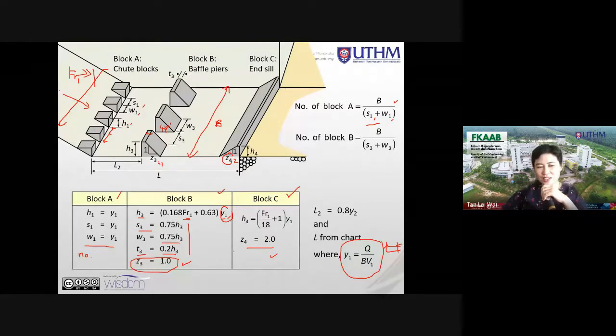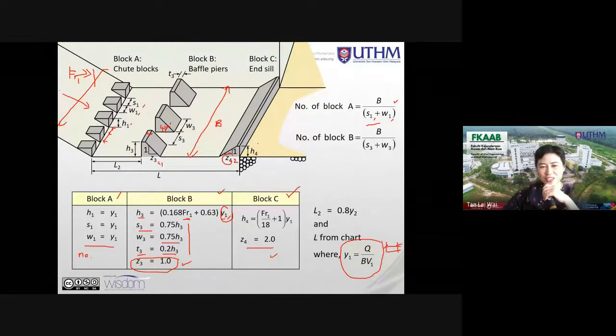You need to write Z3 should be equal to 1, because if you are giving your design report to the contractor, of course you still need to provide this. You don't want to provide the equation to the contractor and ask them to calculate it themselves, right?